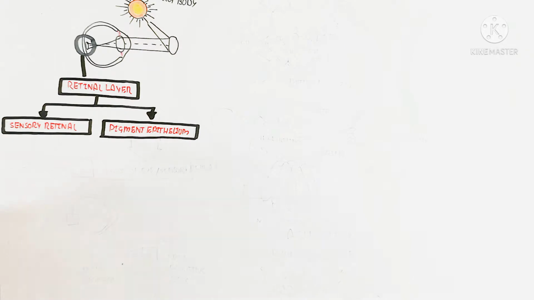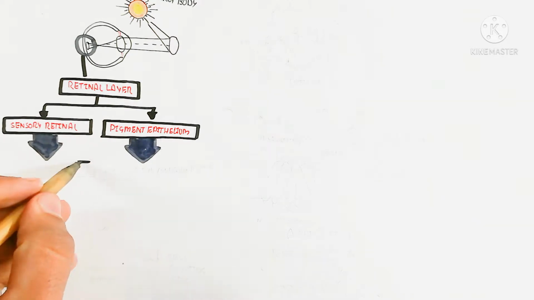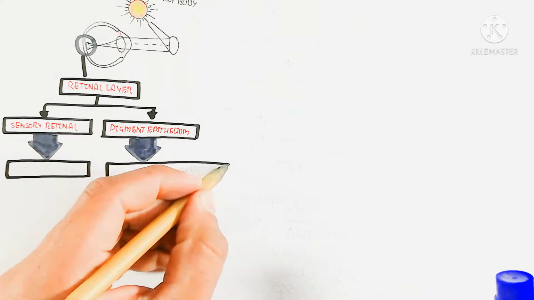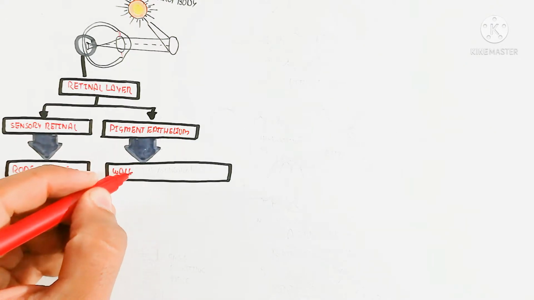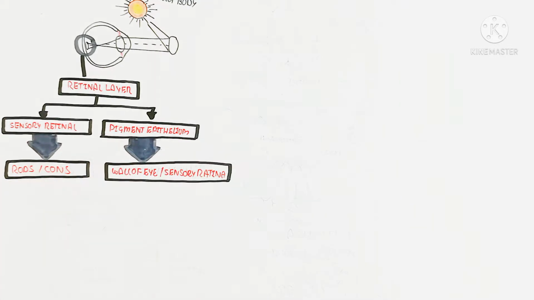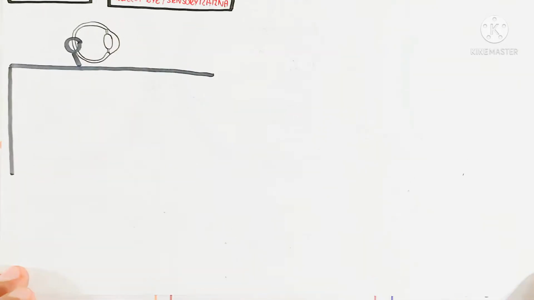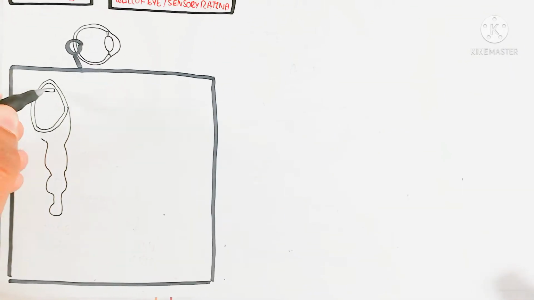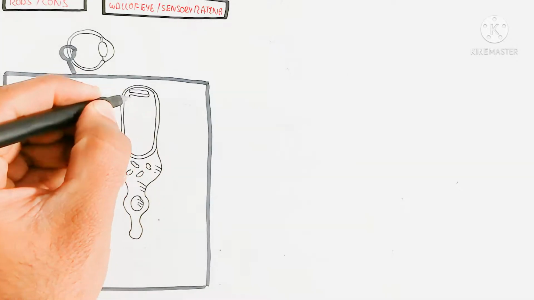The retinal layer can be divided into the sensory retina and the pigment epithelial layer. In the sensory retina, the rod and cone cells are present, which detect light intensity. For example, the cone cell is used for bright light, while the rods work in less light.